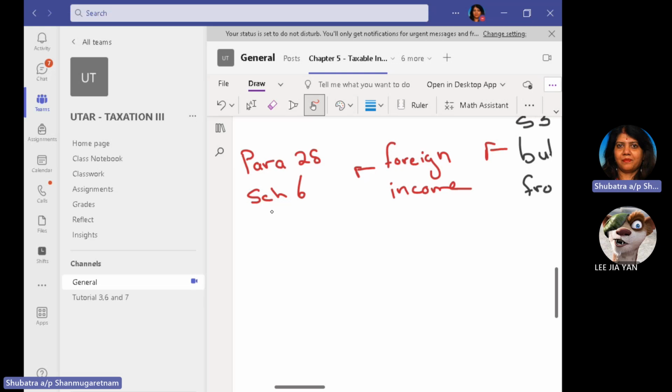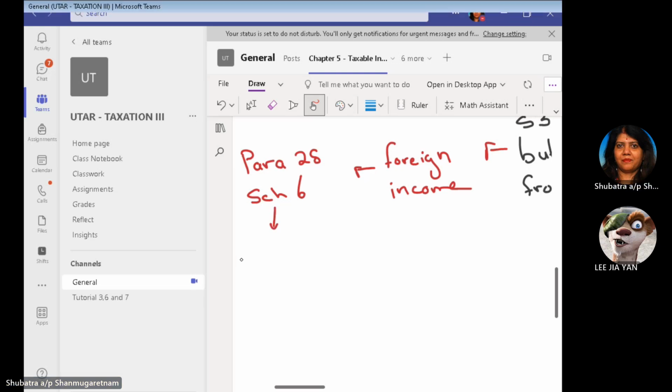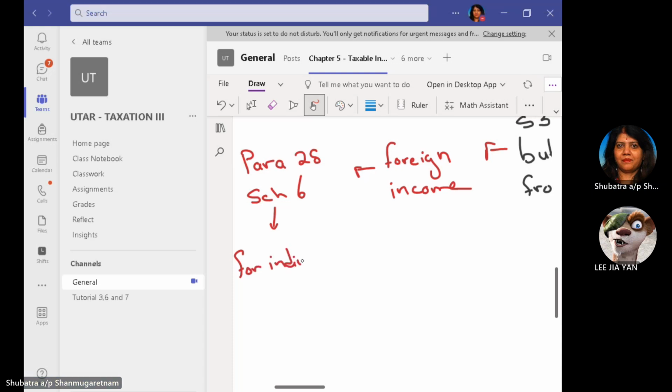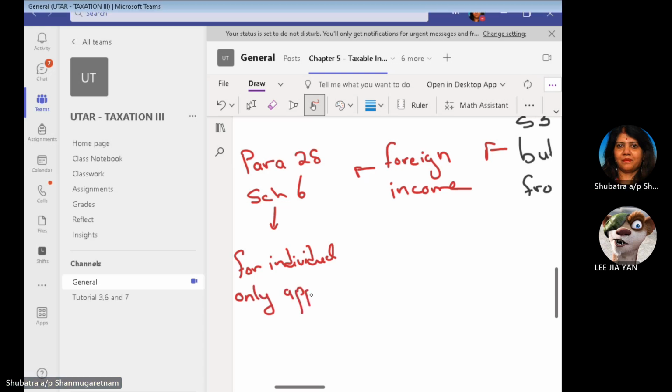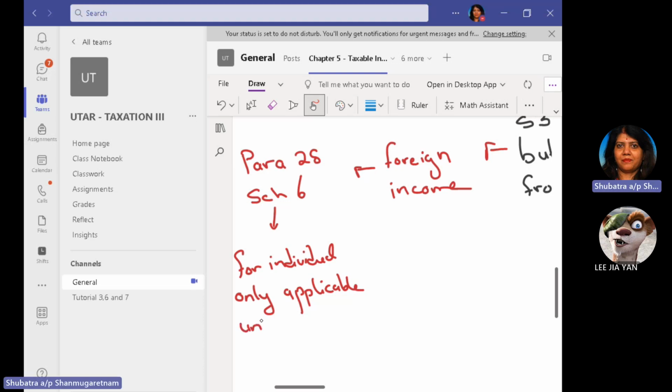But please remember, Para 28 for individuals only is applicable until 2026.